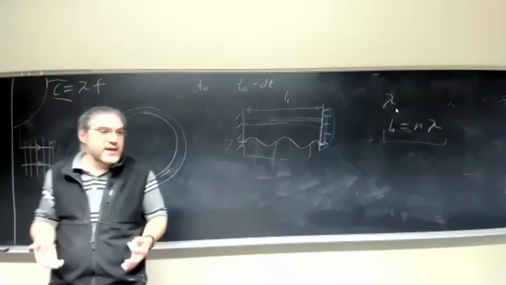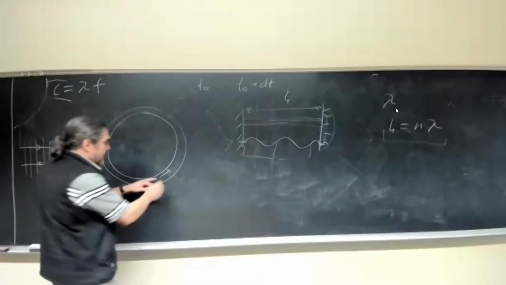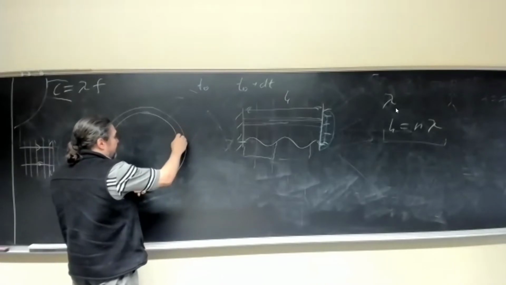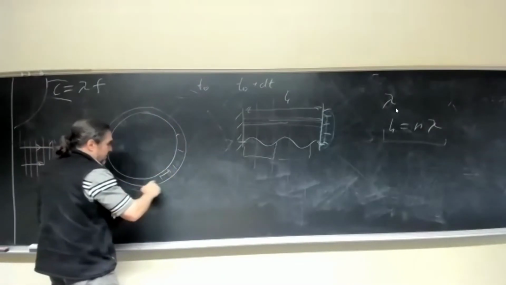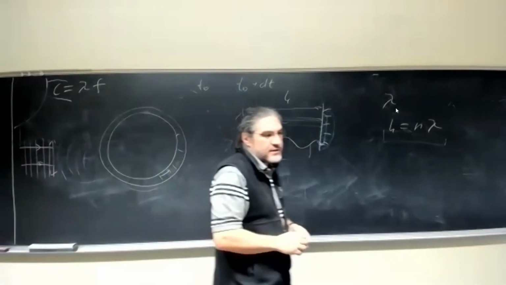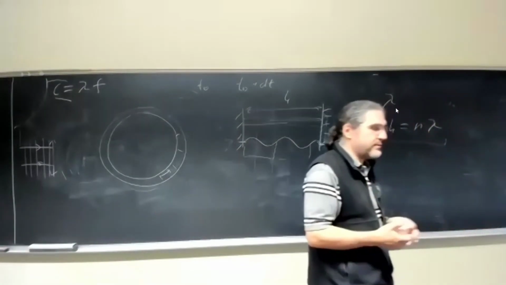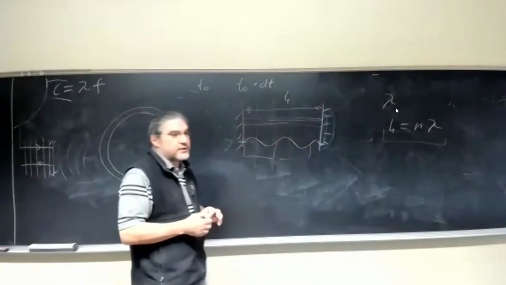It will not stay inside. You will not be able to put it in there. Only the light which has exactly the integer number of wavelengths on the whole perimeter will be able to survive in this cavity, and it actually will stay there forever if your mirrors are ideal.